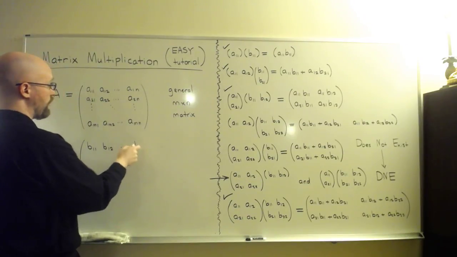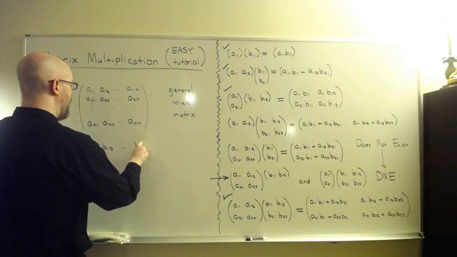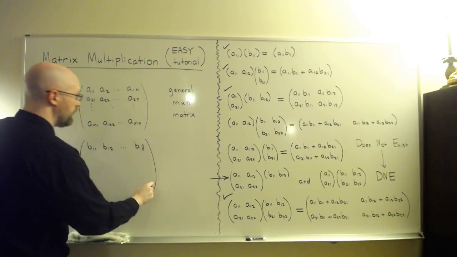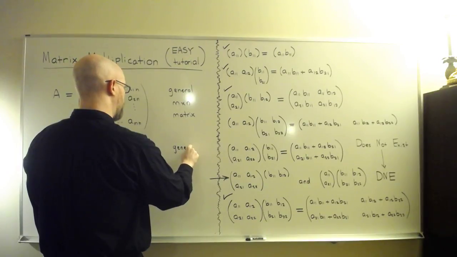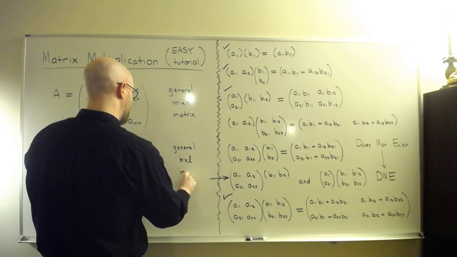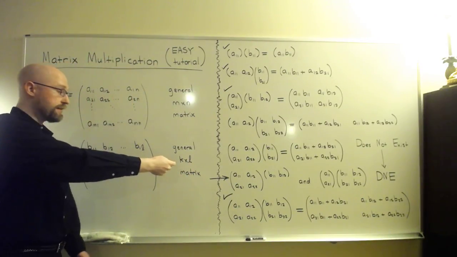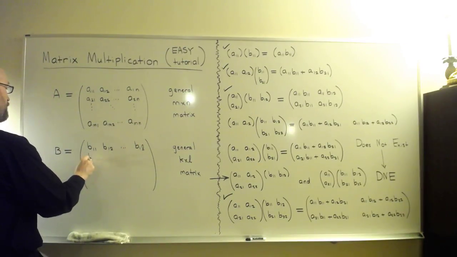Now, this is first row, but I want to say column number L. Why? Well, because I'm going to have here a general K by L matrix. And remember the second number there, the L in this case, is telling you the number of columns. So that's what this is.